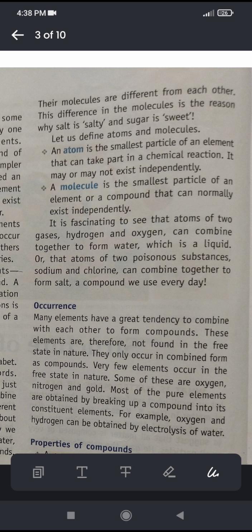Both have the same white color, so we could be confused between them. But if we taste both of them, they have a different taste. This is the only reason.